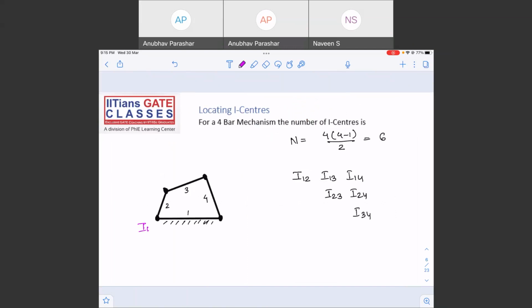We know I23, because this is the intersection point of link 2 and link 3. These are turning pairs. This is I34, we know it. And this is I14, we know it.